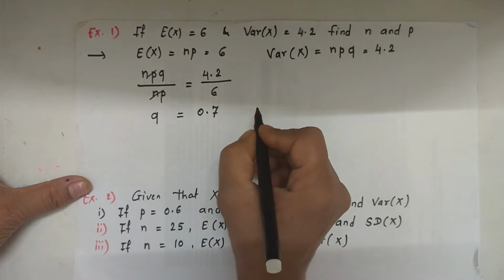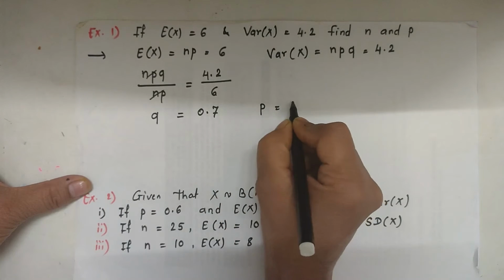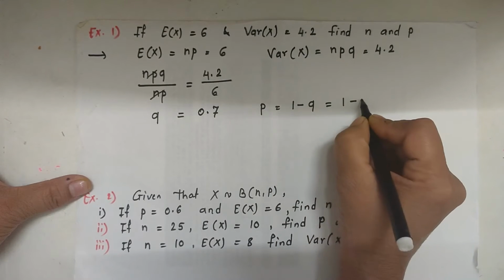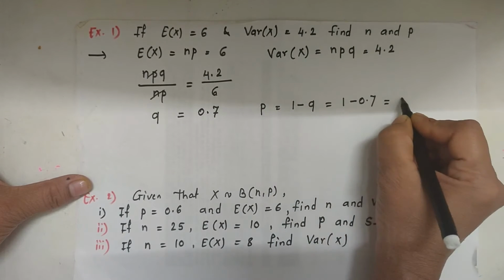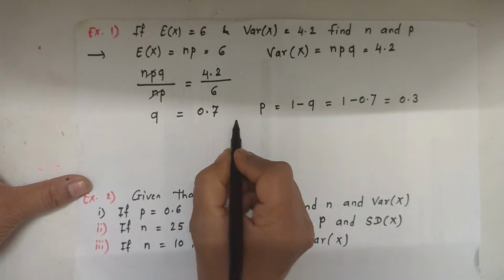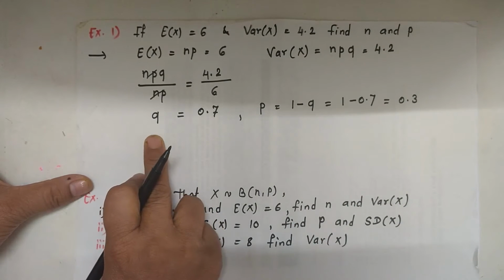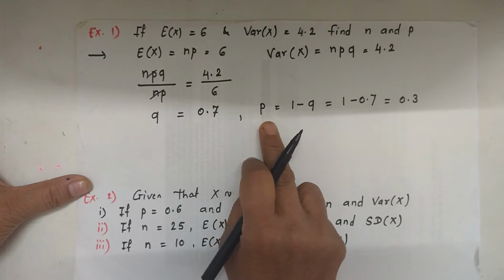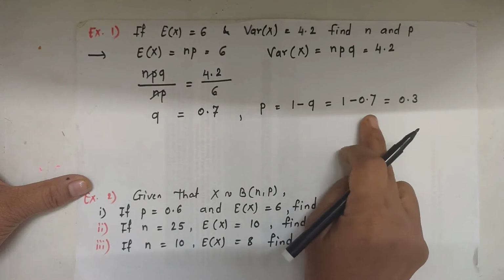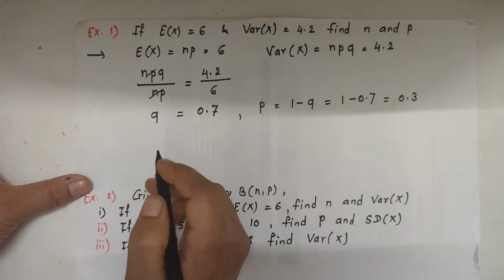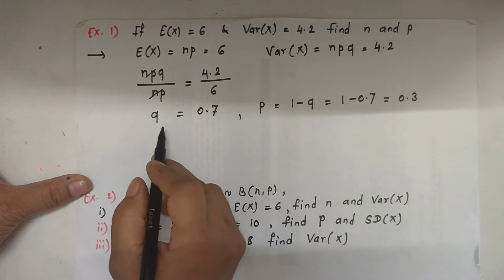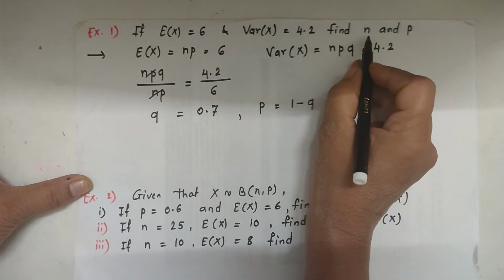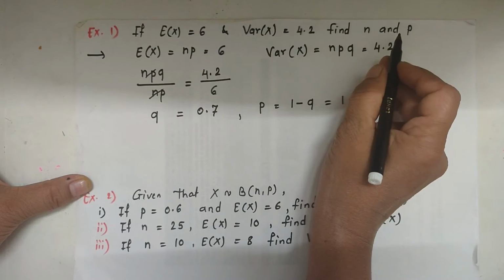From this q, we get p is equal to 1 minus q, that is, 1 minus 0.7 is equal to 0.3. From this value, we have to find the value of n and the value of p.